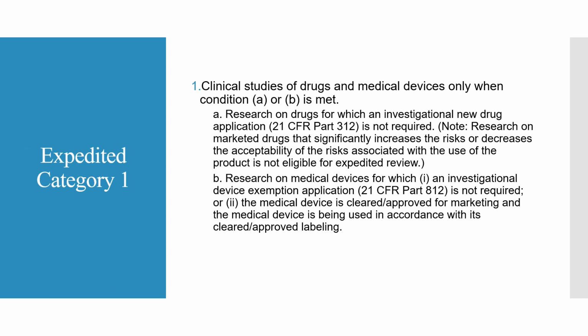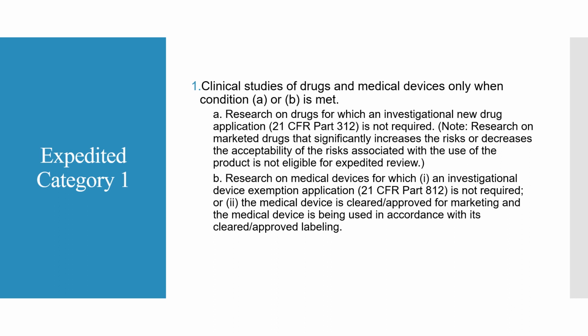This presentation is specifically on Expedited Category 1, so let's dive into that. Category 1 is clinical studies of drugs and medical devices only when condition A or B is met. Condition A is research on drugs for which an investigational new drug application is not required. Condition B is research on a medical device for which an investigational device exemption application is not required, or the medical device is cleared or approved for marketing and the medical device is being used in accordance with its cleared or approved labeling.